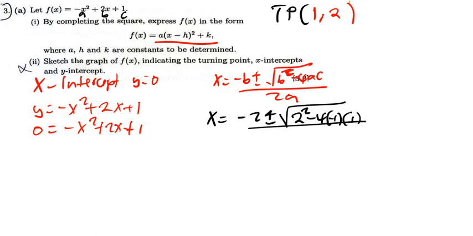Divide this by 2 times that. Negative 2 plus or minus, this will be 4 plus, okay, it will be 4 plus what? It's going to be 4 plus 4.